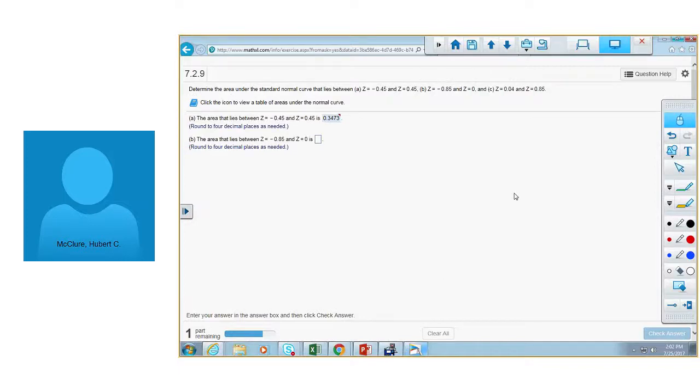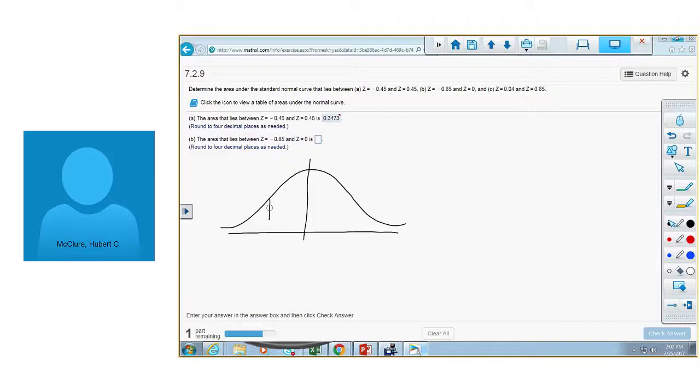Draw a picture. You use just the inverse normal math. Draw a picture. Alright. This is 0, 1, 2, -1, -2.